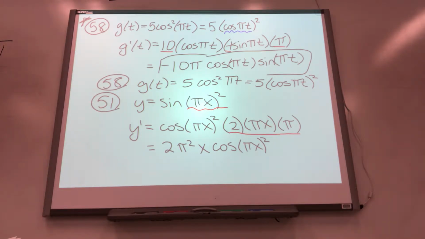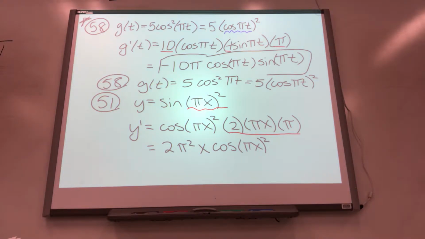That one, 59, ends up being 10 tangent of 5 theta secant squared of 5 theta. All right, 60 was already up there. 61, again, you've got an entire trig function to a power. Once you simplify that one, actually the 2 and the 1/2 kind of drop out, and you just get sine of 2 theta, cosine of 2 theta.